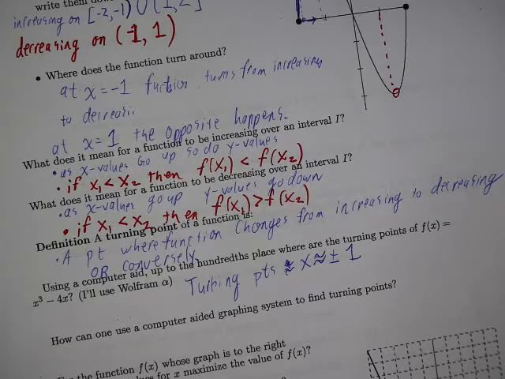Let's plot x cubed minus 4x. There it is, over a bigger viewing window than we want. And thanks to the little cursor, you can see it looks like the turning point is a little bit more negative than -1. So let's zoom in really close. Looks like it's somewhere between -1 and -1.2.